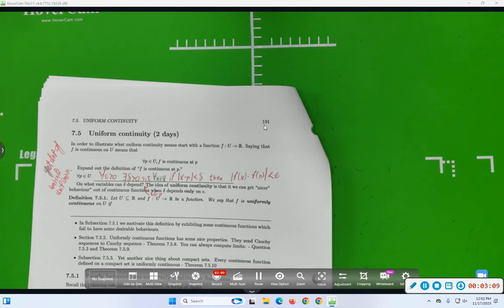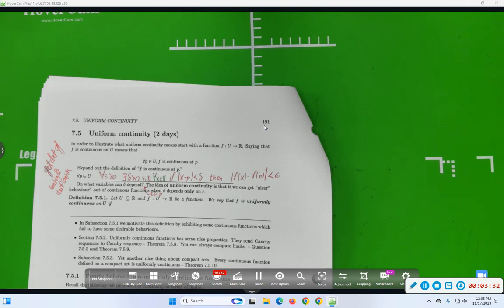And the comment here is delta depends on epsilon and depends on p. How would you rewrite this definition so that delta is not allowed to depend on p?